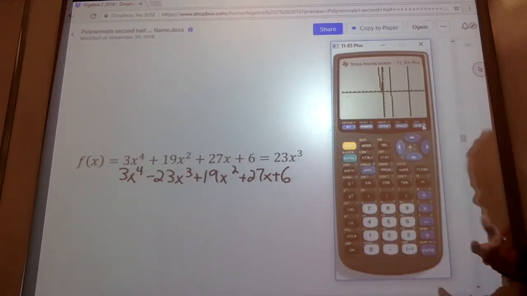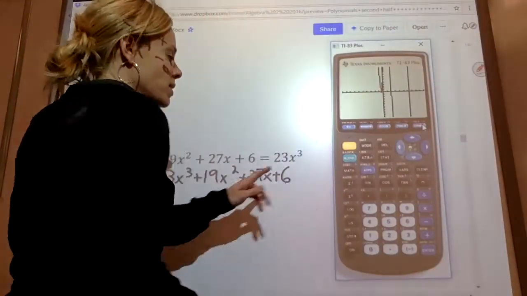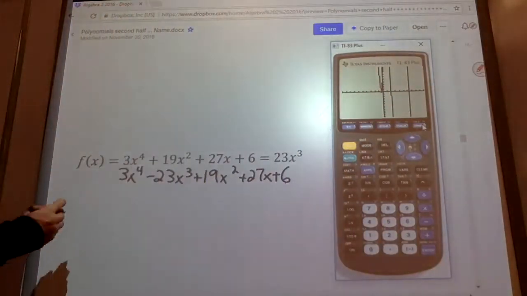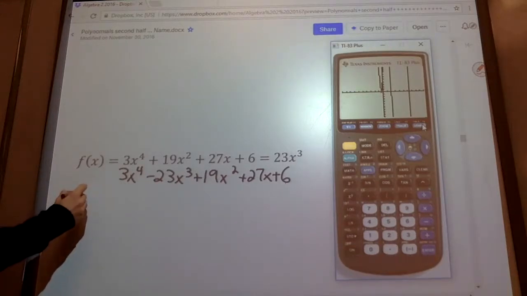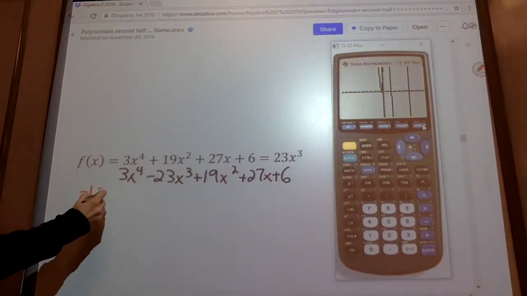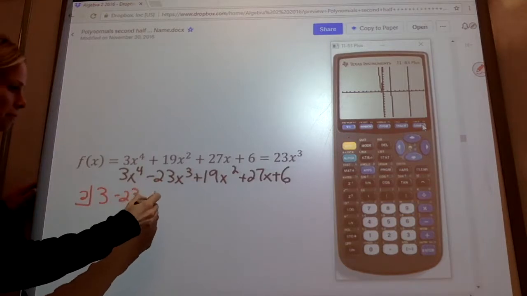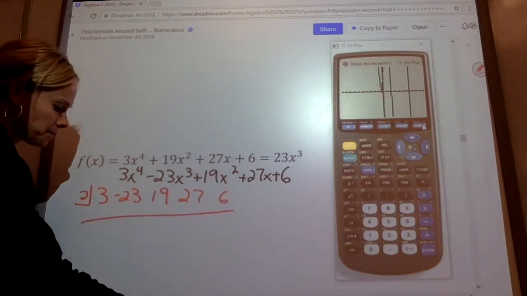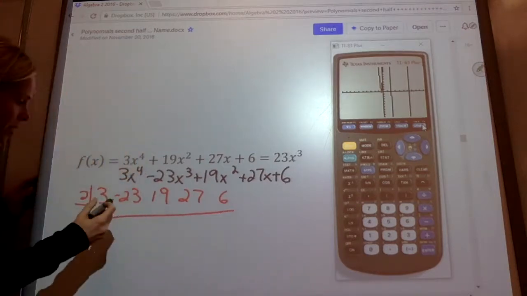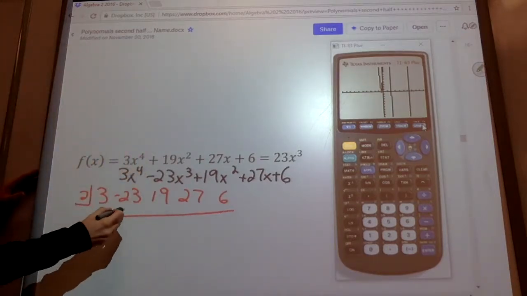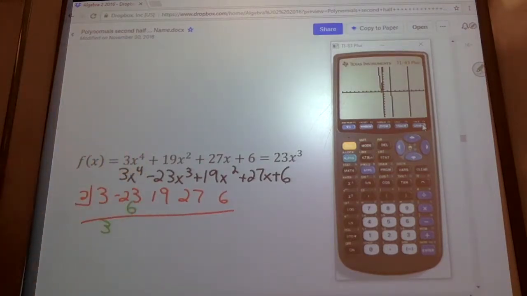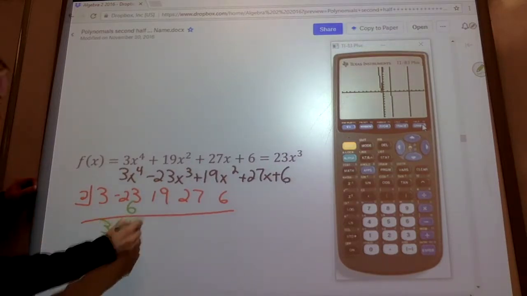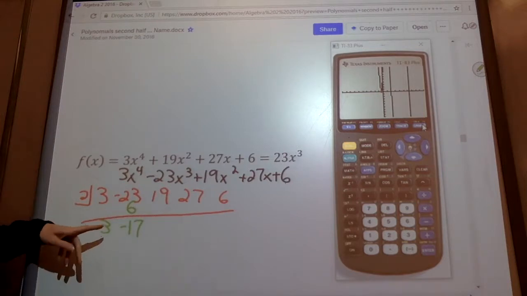Okay, so let's do 2 because I proved with the table that that was a root. So let's always take out what you know first, right? That helps. Bring down the first term, multiply, add 17, right? Yeah.